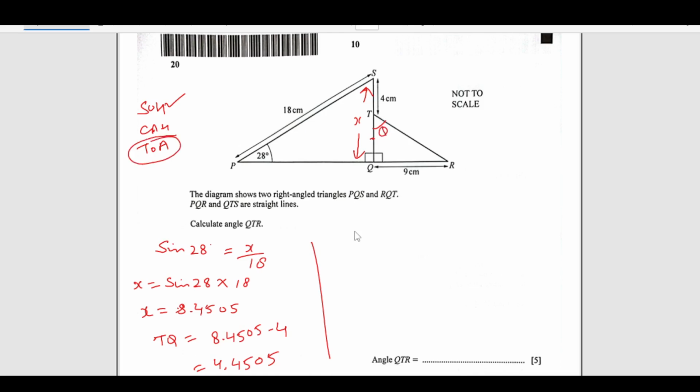We have opposite and we want to involve the adjacent side here. So tan theta is opposite, 9, over this TQ, 4.4505, right? So this comes out to be 63.7 degrees.